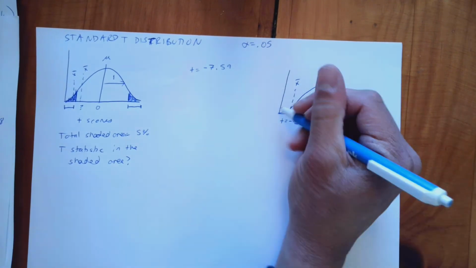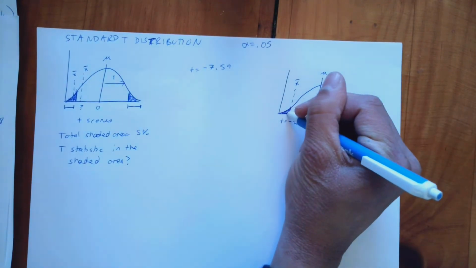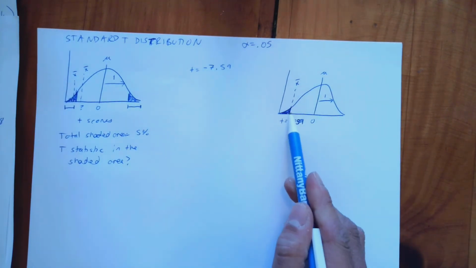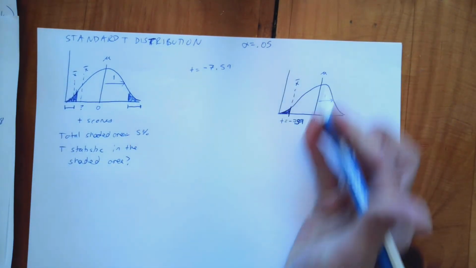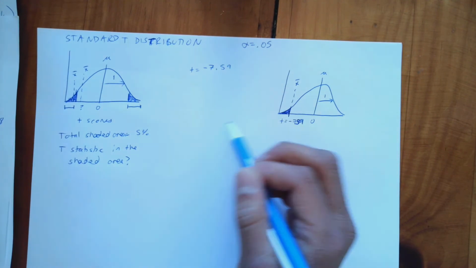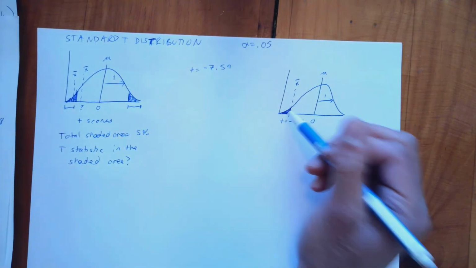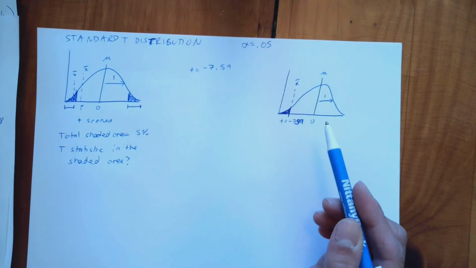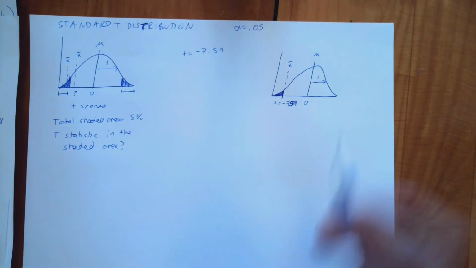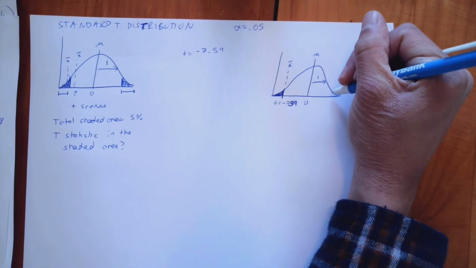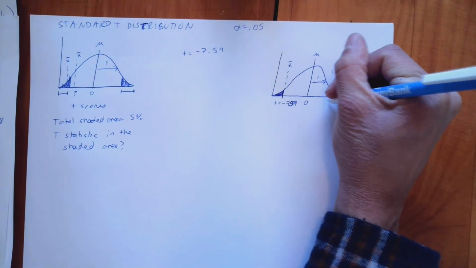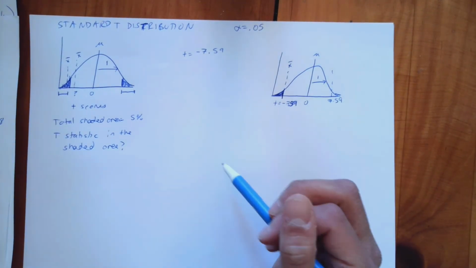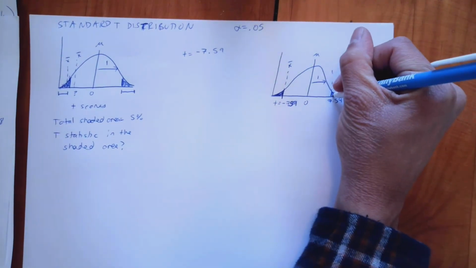Because this is a sampling distribution, we can use the area under the curve to find the probability of getting a value that is as extreme as this sample mean or more extreme. So in other words, a value that's at this point on the graph or less. And because we're interested in whether it's as extreme or more extreme, we're actually going to look at the probability of getting one that's less than negative 7.59 or more than 7.59.